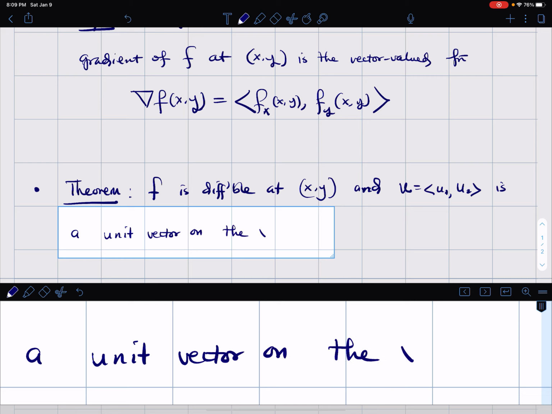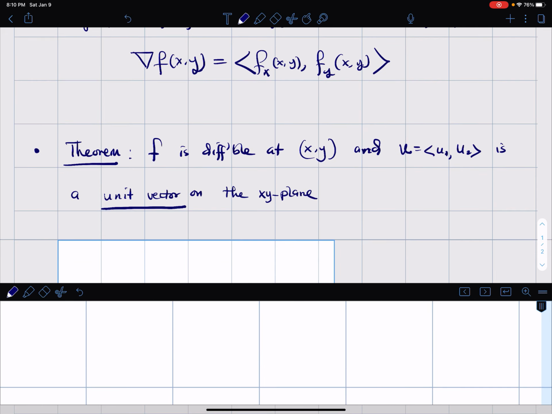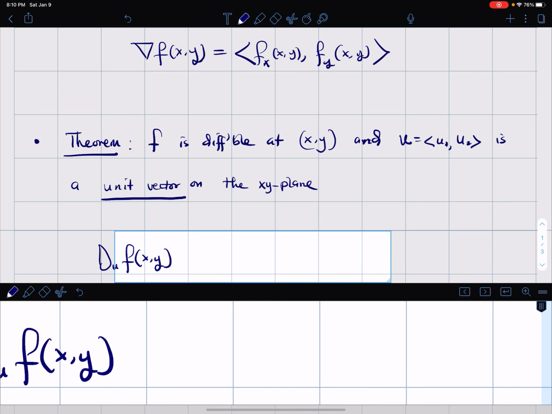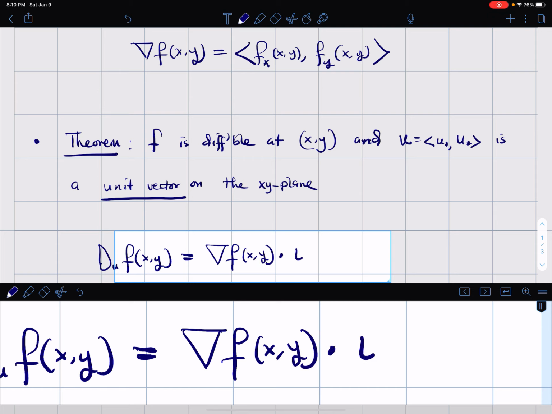This is very important: it has to be a unit vector. If that's the case, then the directional derivative is the gradient at (x, y) dot u.